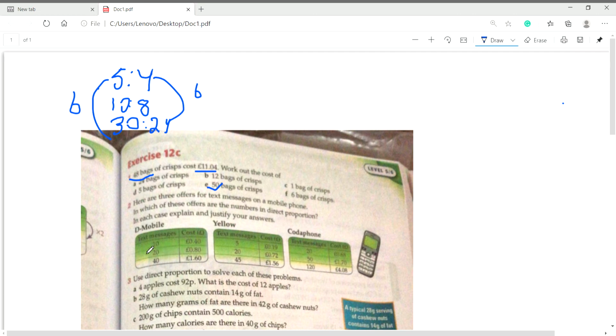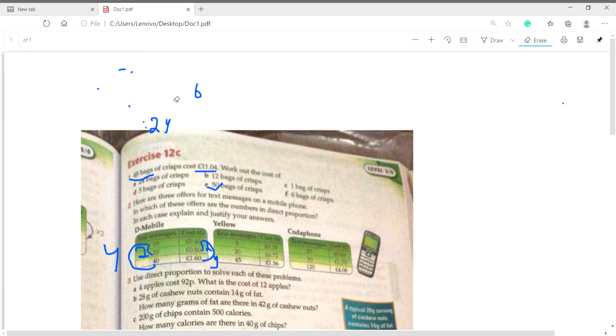Then when the number of text messages is 20, it increased 2 times. Let's find out whether the cost also increased 2 times. The cost became 80, that means it increased 2 times. This is correct. So if the number of text messages is 40, that means 10 multiplied by 4, so 40 is also multiplied by 4. That means there is direct variation. The others, Yellow and Code Phone, you will find yourself.